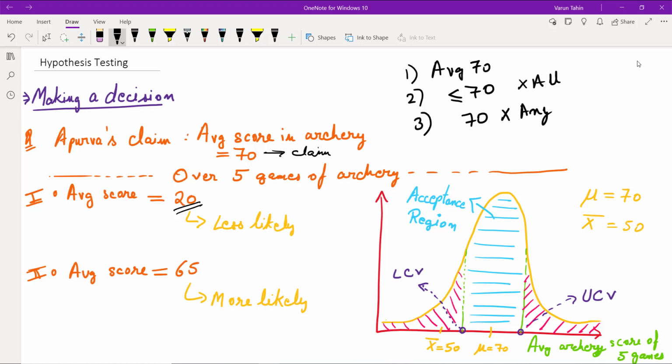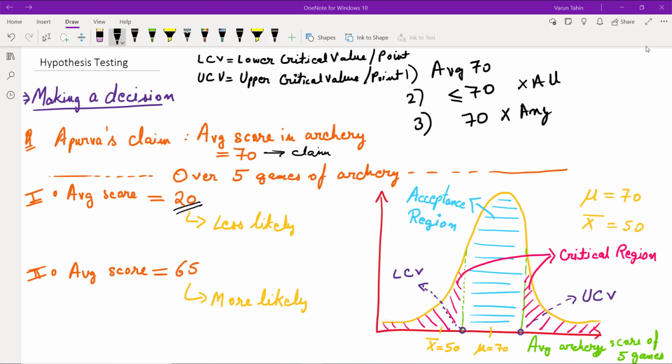Now what we have to do is find a critical point below 70, achieving which we can say that she can at least get 70 as an average, and therefore we have to mark these critical points in the graph. These critical points are called the lower critical value or point and the upper critical value or point.